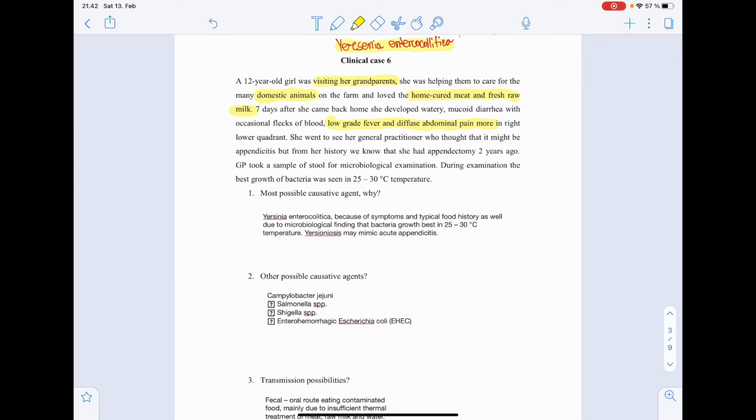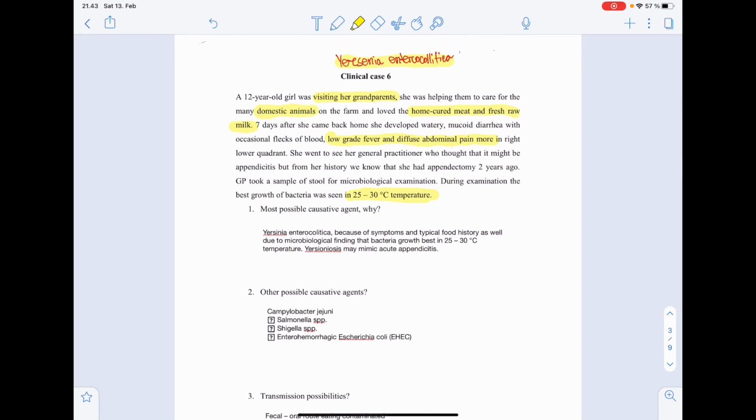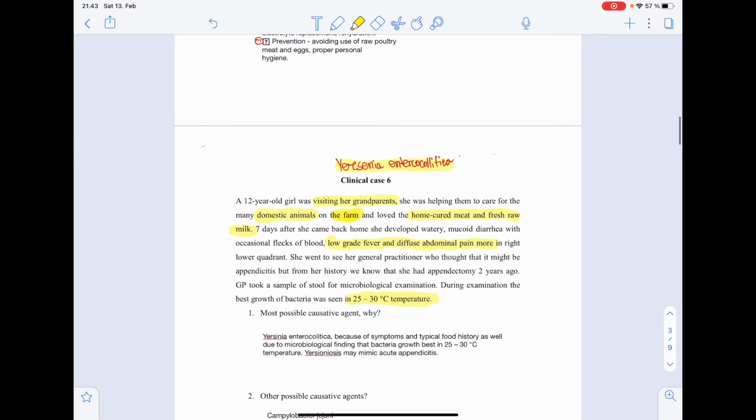And here you can see that they had a low fever, 25 to 30 degrees Celsius, and also as they went to the farm, they must have come in contact with the soil there, and the animals could be infected. So there is a huge possibility that the bacteria will be Yersinia. But even so, we need to cultivate those bacteria in the lab and wait for the reports.